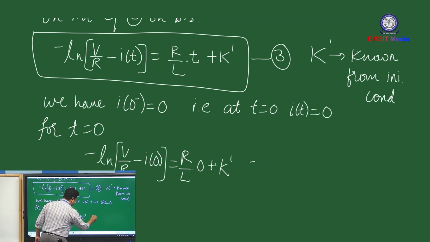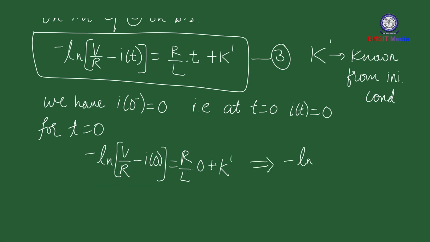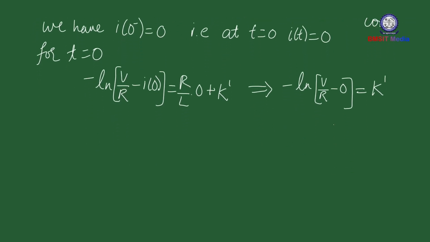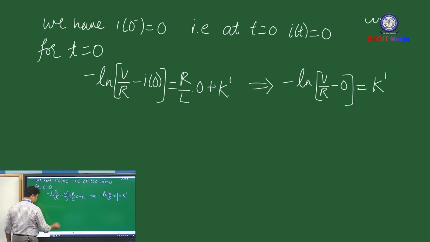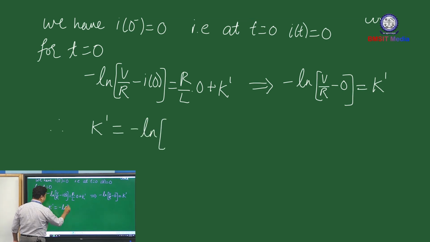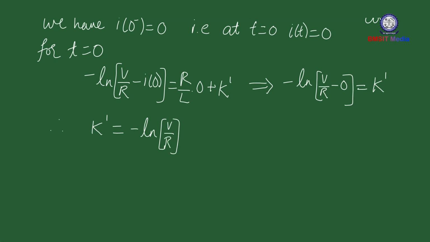So this implies minus log of V by R minus 0 equals k dash. Therefore k dash equals minus log of V by R.